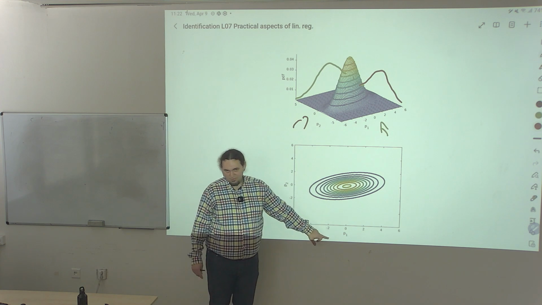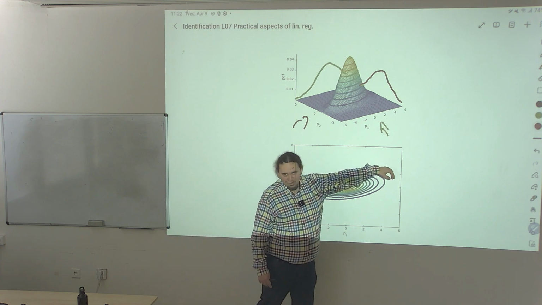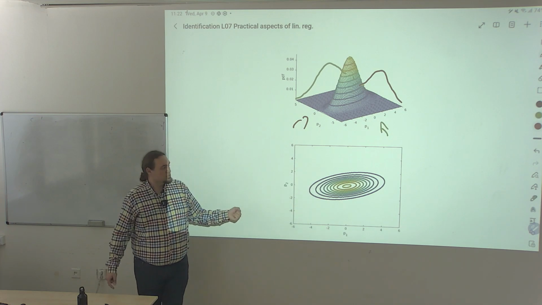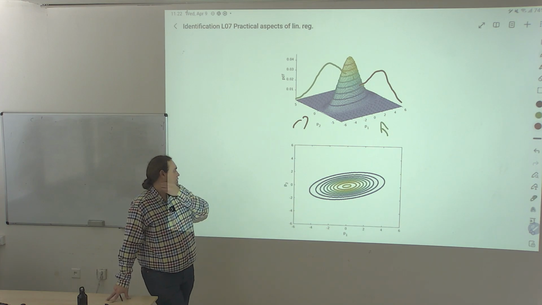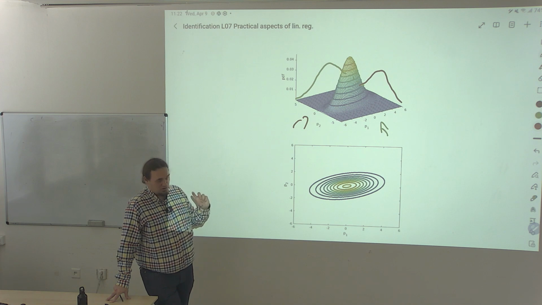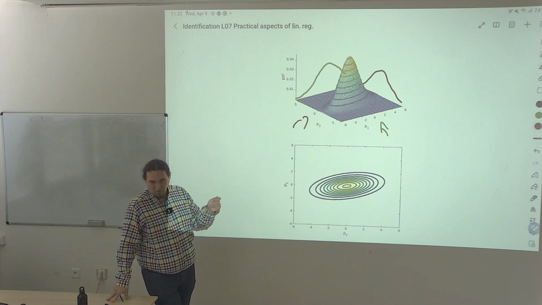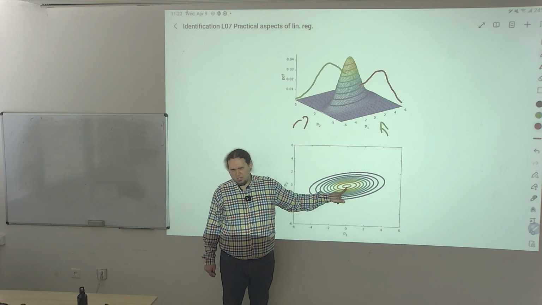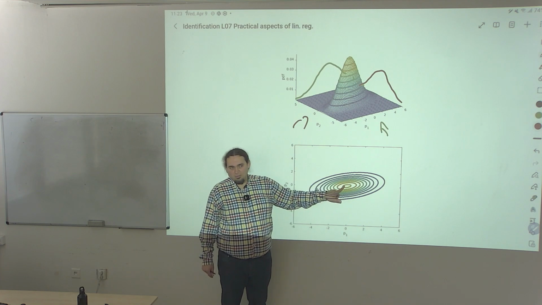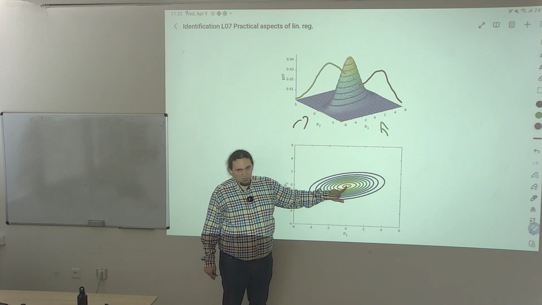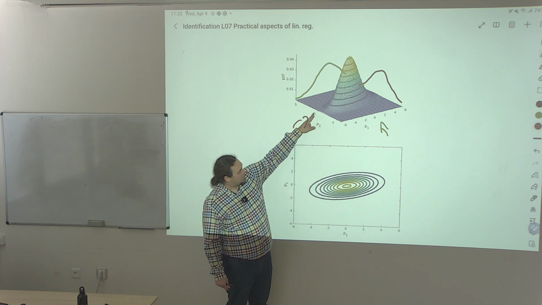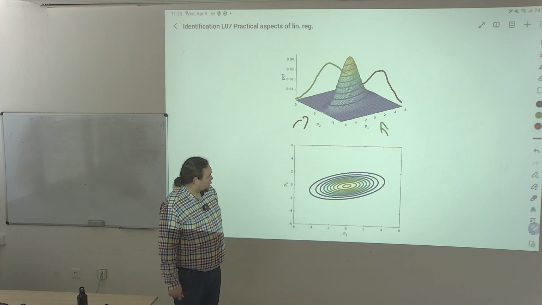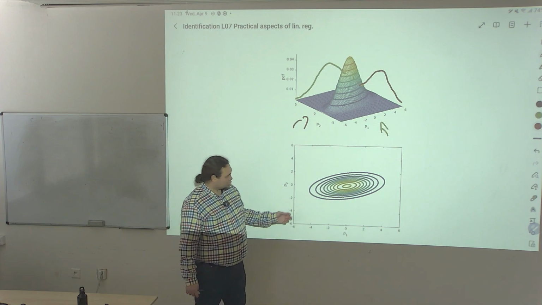The spread of the P1 is much larger than the spread of the P2. So if this was the result of our regression, our regression gave us the point P hat, the most probable value of the parameter, but also gave us the covariance matrix through which we actually got these level sets.